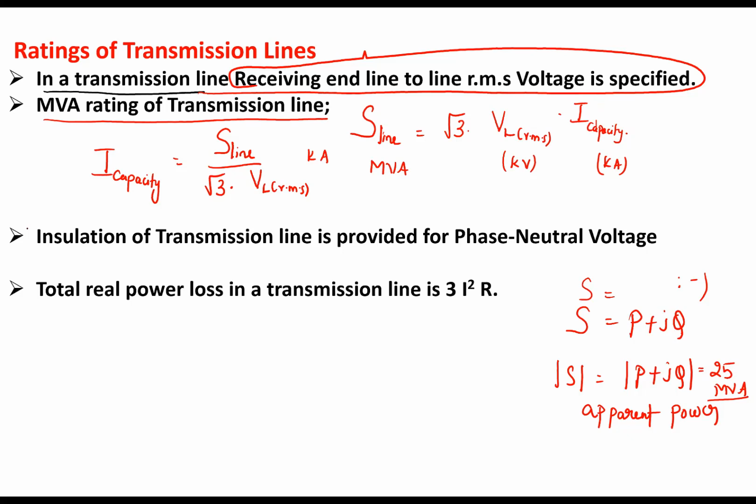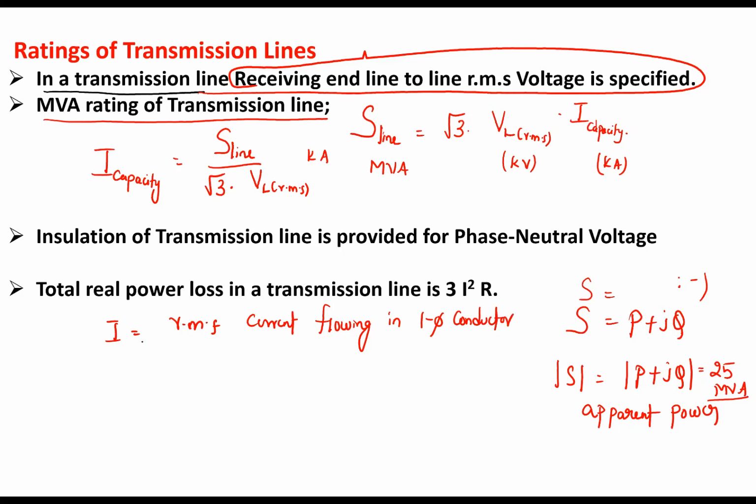The third point is the total real power loss in the transmission line. If I is the RMS current flowing in one phase conductor, how many phase conductors will be there in a transmission line? 3.